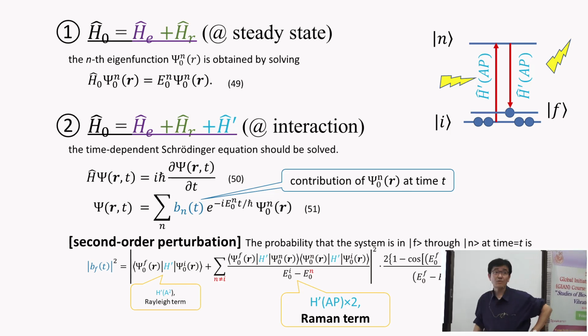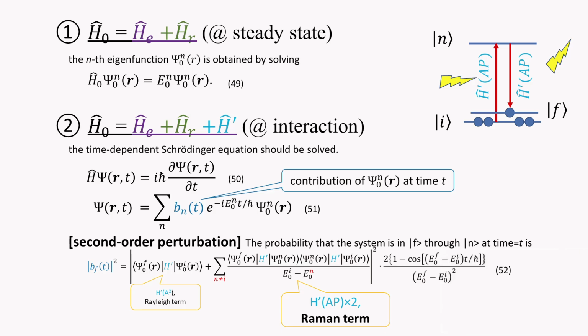So what we need to do is to solve the second order perturbation. The starting point is the Hamiltonian without interaction, that is, in other words, the steady state. Nothing happens by time. It's stable. So the Hamiltonian consists of the radiation and molecule parts.